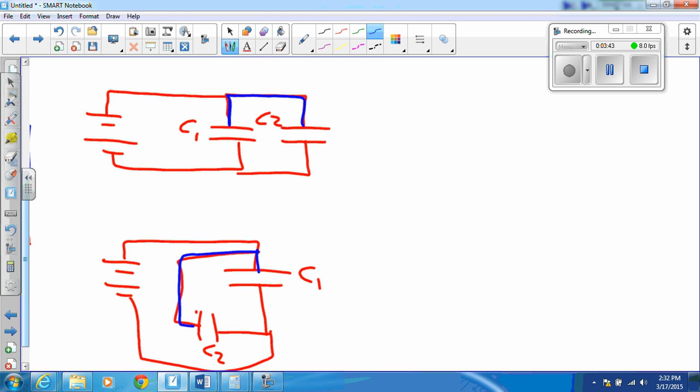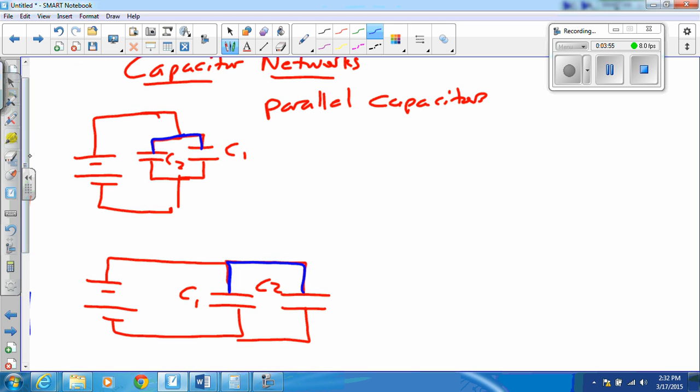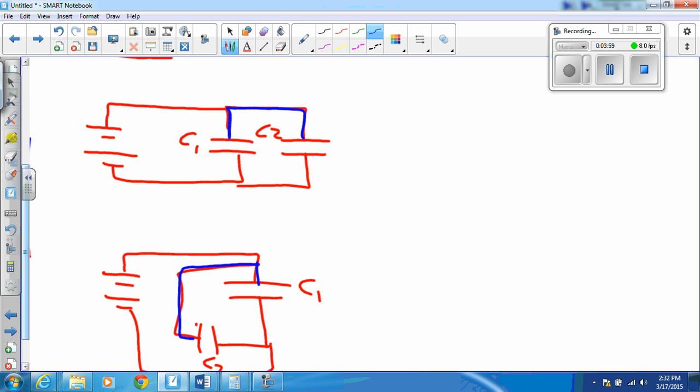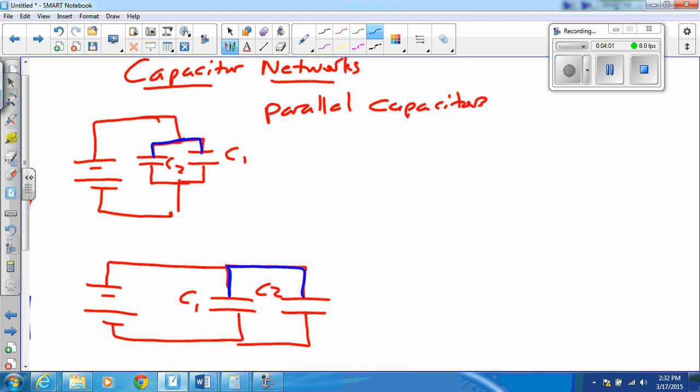My whole point is this: what makes them parallel is not how the elements are physically arranged, it's how they're connected. It's connection, not orientation. That's exactly it. So if you see here, the blue lines connect C1 to C2, just like so.